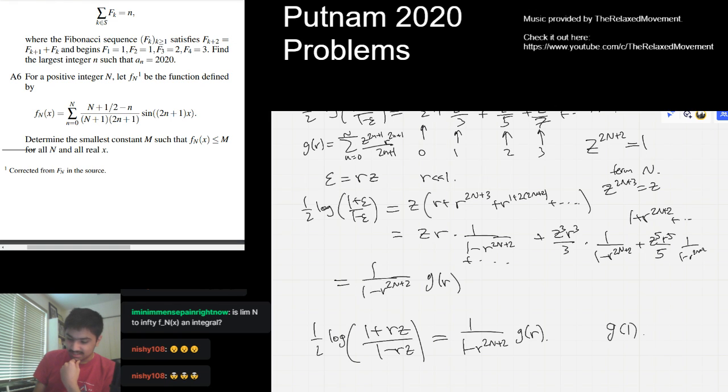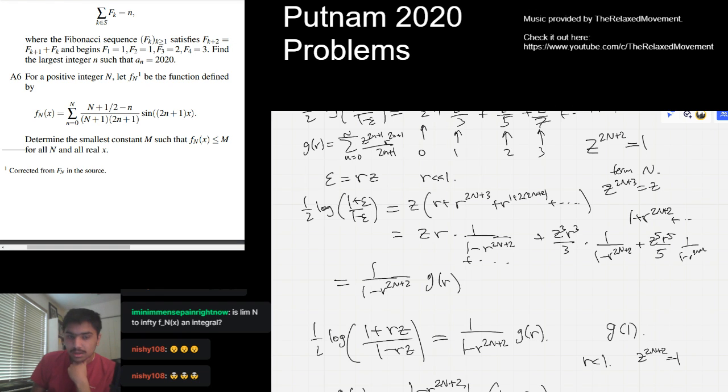This is true if r is less than 1. When does the log Taylor series converge? So what we're saying is that z to the 2n plus 2 is 1. Then I think this is true for any r less than 1.